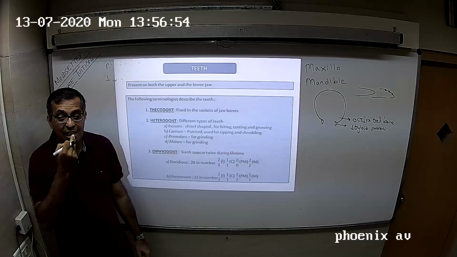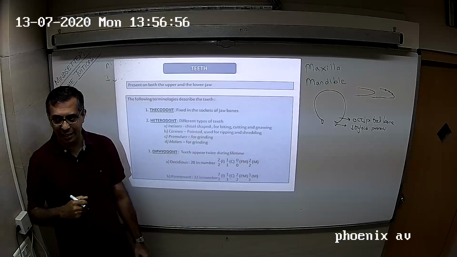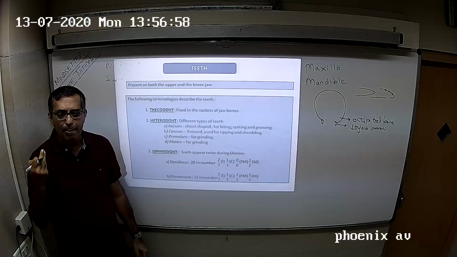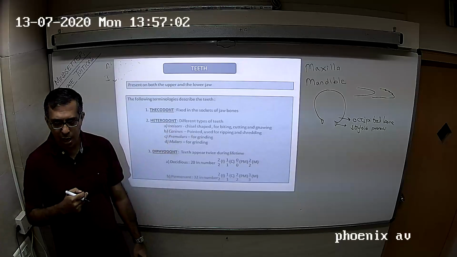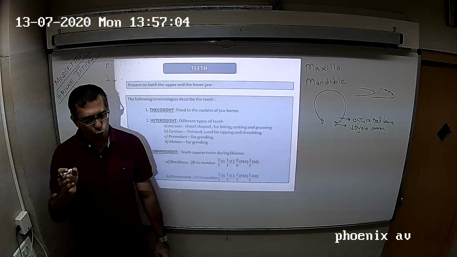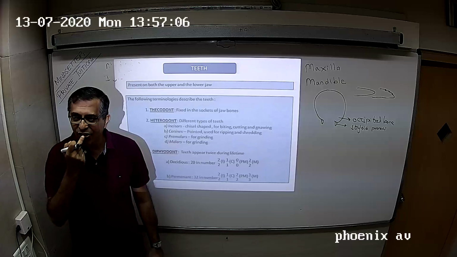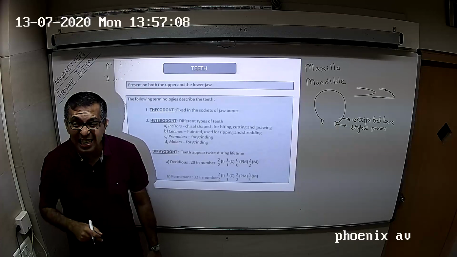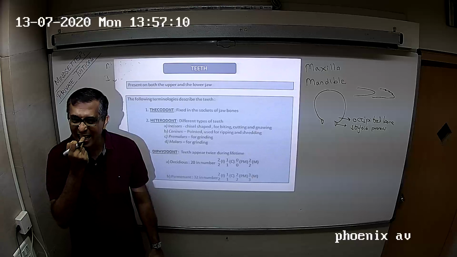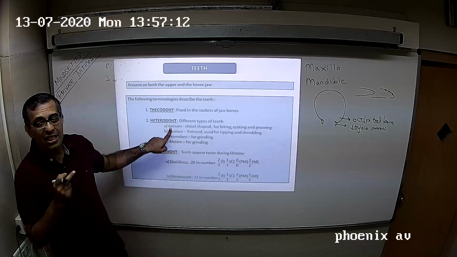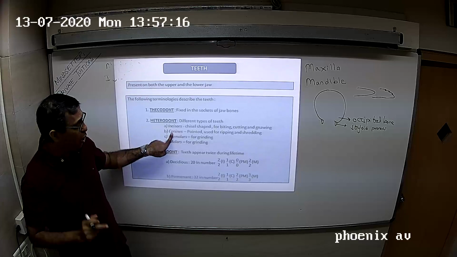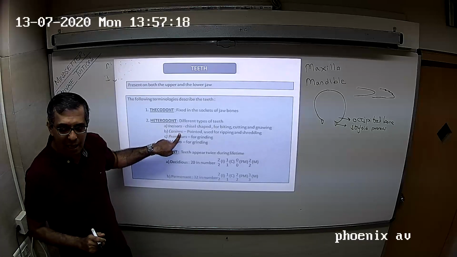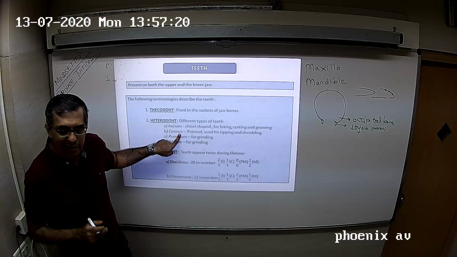We have different types of teeth. Having different types of teeth is called heterodont. So which are the different types of teeth? I'm sure you have heard of it. In the front we have incisors. Just behind incisors we have pointed teeth called canines.